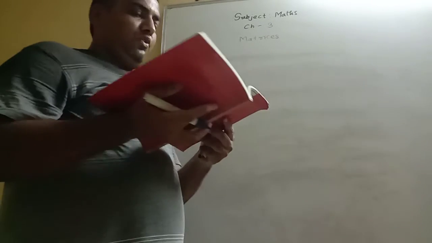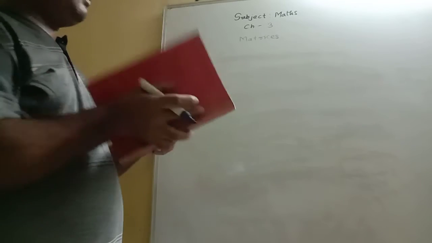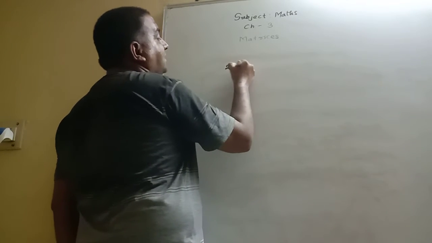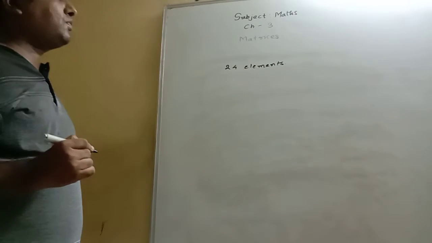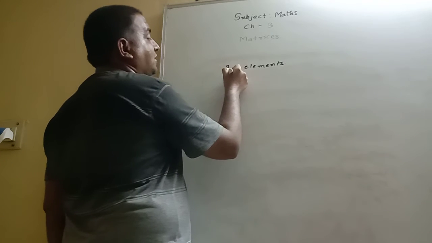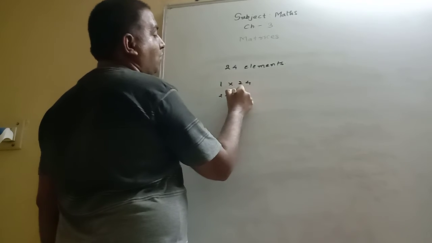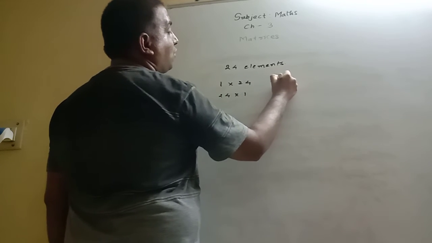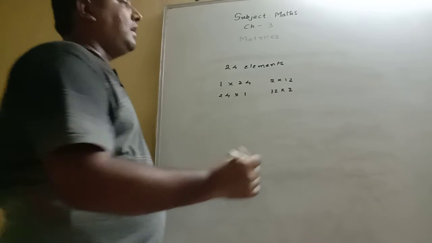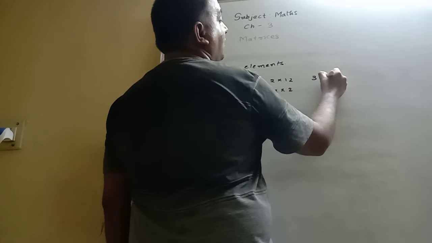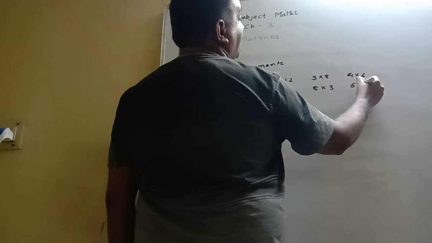Now question 2: if a matrix has 24 elements, what are the possible orders? So 24 elements are there. We know that we can write according to the factors of 24: 1 into 24, 24 into 1, 2 into 12, 12 into 2, 3 into 8, 8 into 3, 4 into 6, and 6 into 4.